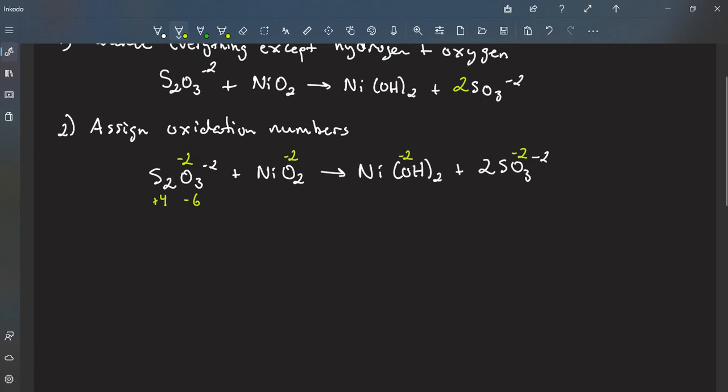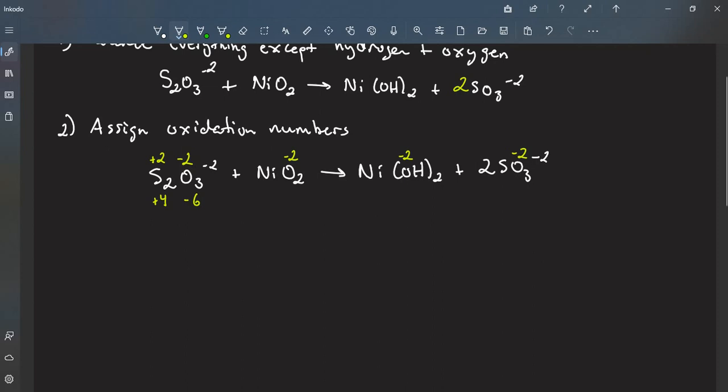I hope I didn't say +6, I meant to say +4. +4 plus -6 will give us a -2. Now since there are 2 sulfurs, each one should have an equal portion of that +4, which means the oxidation number must be +2. So sulfur's oxidation number is +2, and oxygen, of course, is -2.